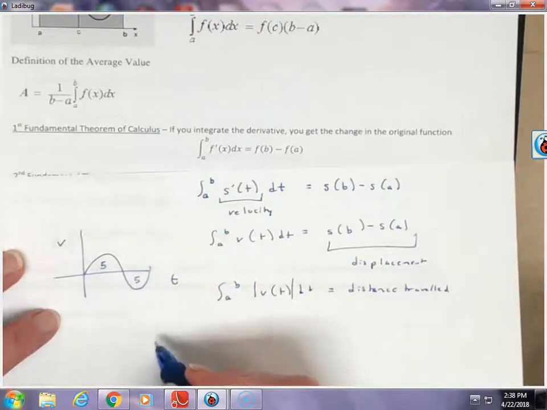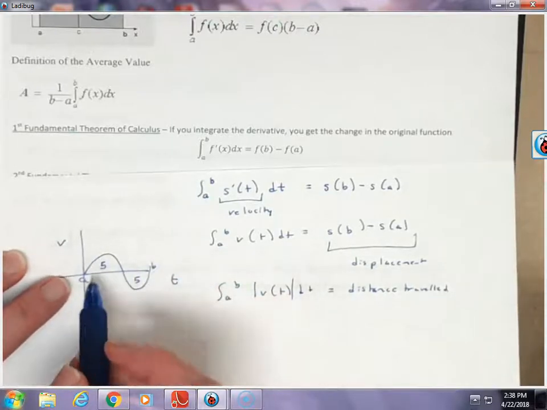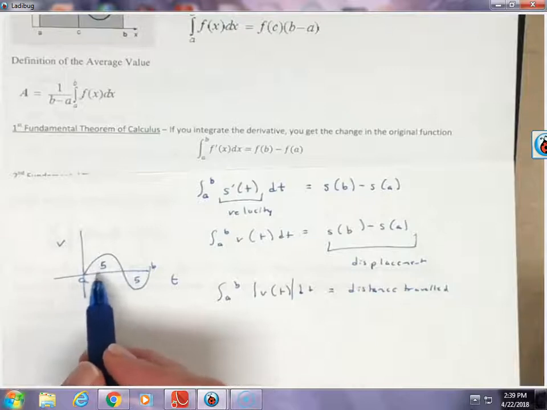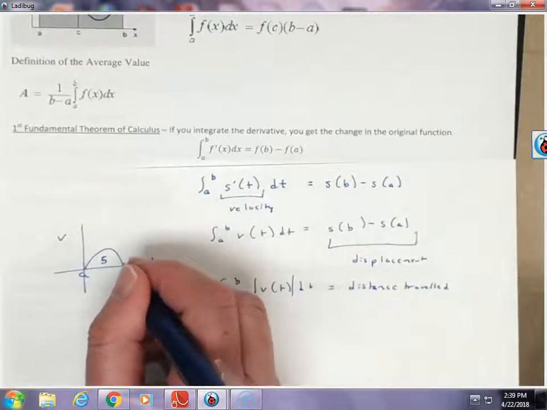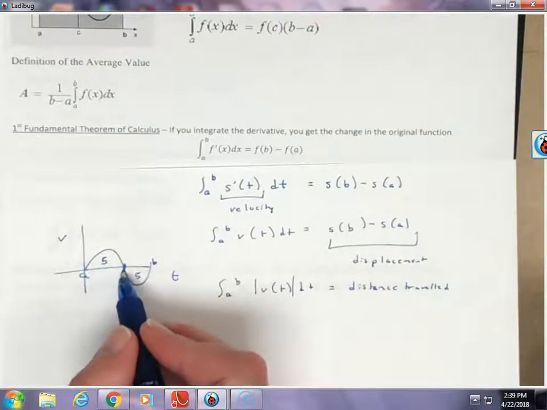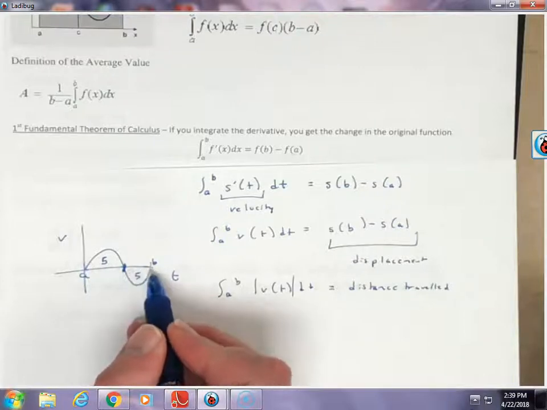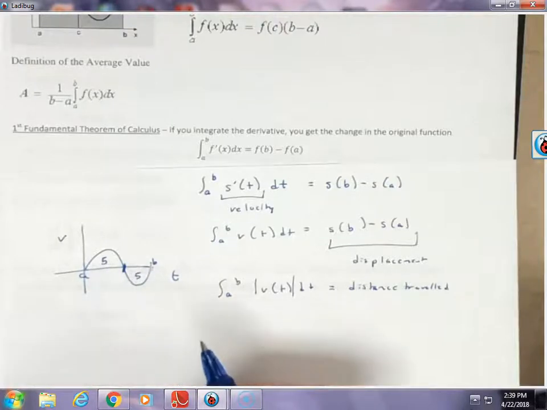So if you integrate from, if this is A and this is B, we know that area above the curve would give us, if we integrated from A to, let's just say, whatever this spot is, that would give you 5. If you integrate from this x value to B, that would give you negative 5 because the area is underneath. So if you integrate from A to B, this would cancel out and would give you 0.